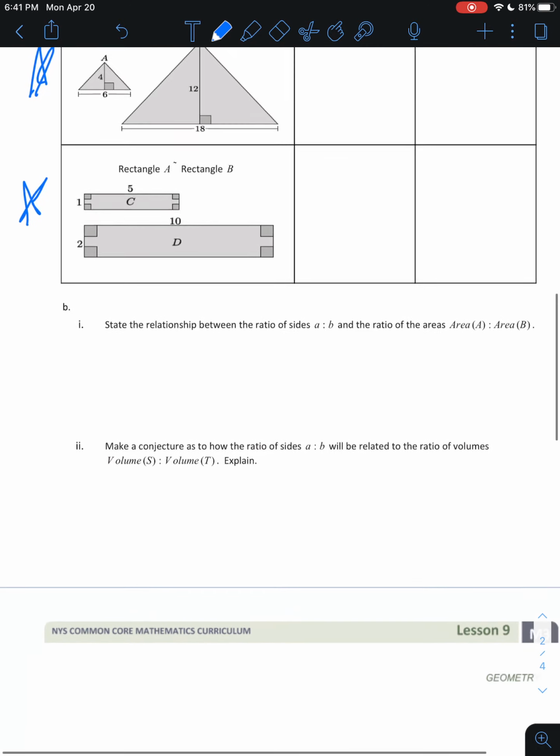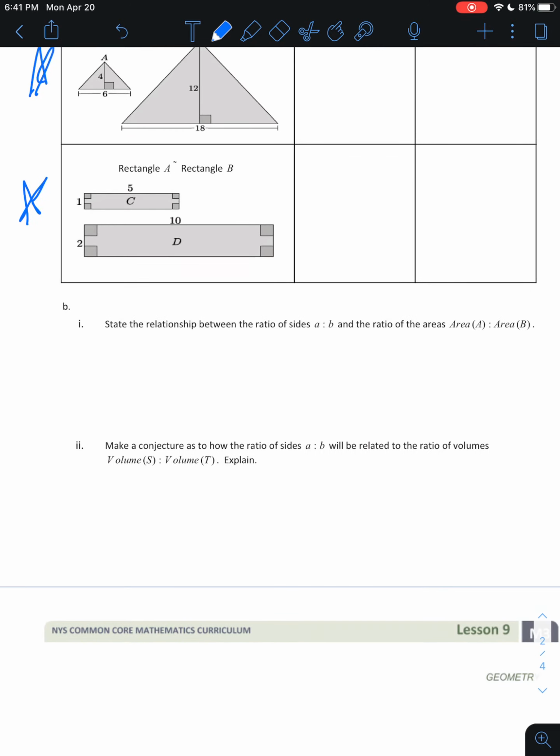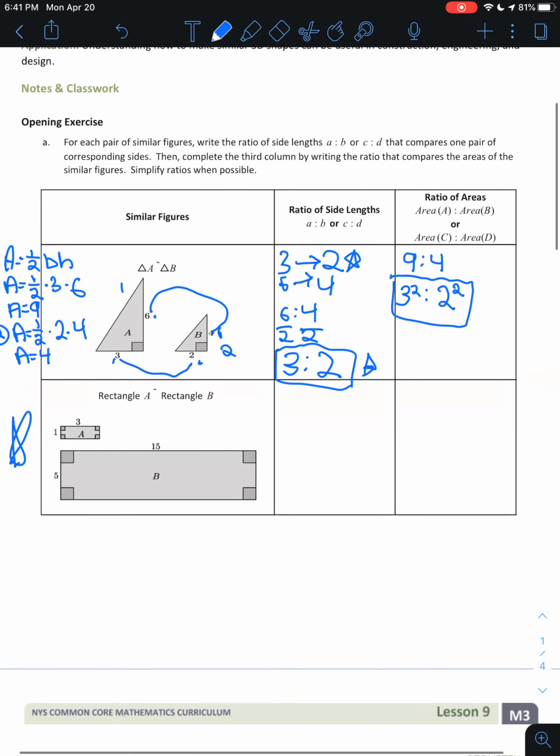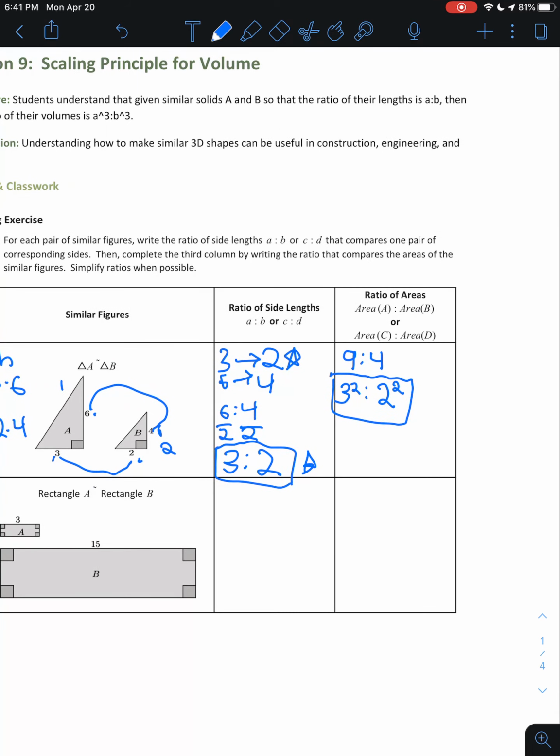So let's look at some of these conceptual questions in part B over here. The first one says, state the relationship between the ratio of sides AB and the ratios of the areas. So again, if we look up here, what I emphasized is that the ratio of the side lengths, you could say this is A to B, and then the ratio of areas ends up being whatever the ratio for the side lengths was, and we just square it, right?